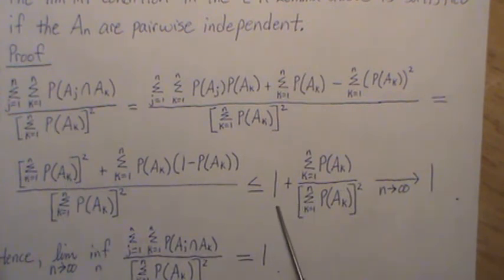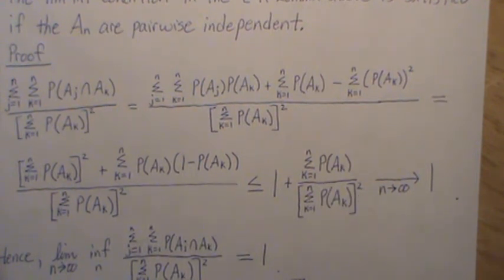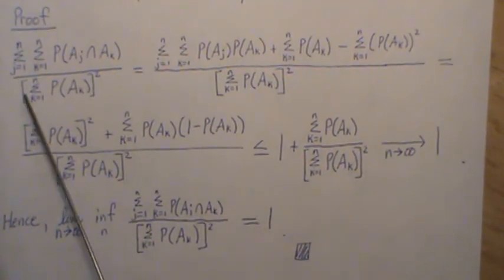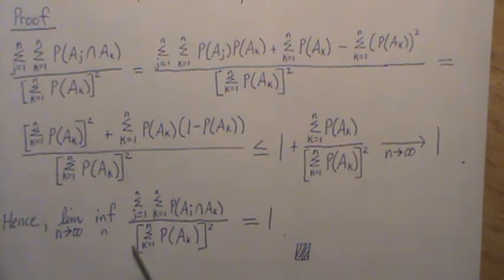So this is 1, and then that is this sum, but one of those cancels with one of these, and then because the sum, by assumption, if we let n go to infinity, this goes to infinity. So 1 over infinity is 0, and so it limits to 1. And so then, if we take the limit infimum of both sides, then it has to be 1. And the condition of the theorem is met.